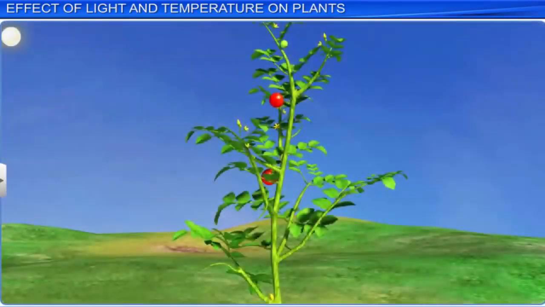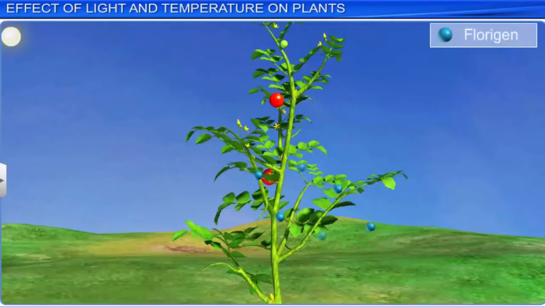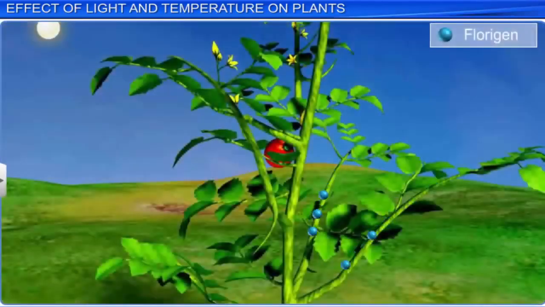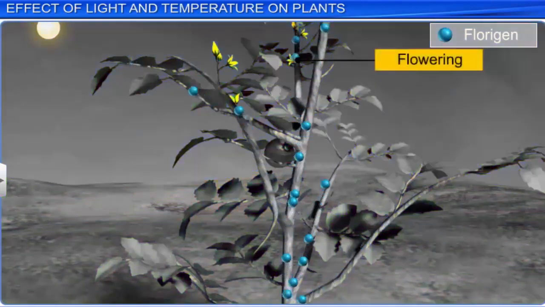Therefore, scientists hypothesized that these plants synthesize a flower-inducing hormone called florigen in their leaves. When these plants are subject to photoperiod, this hormone travels from the leaves to the shoot tips to induce flowering.